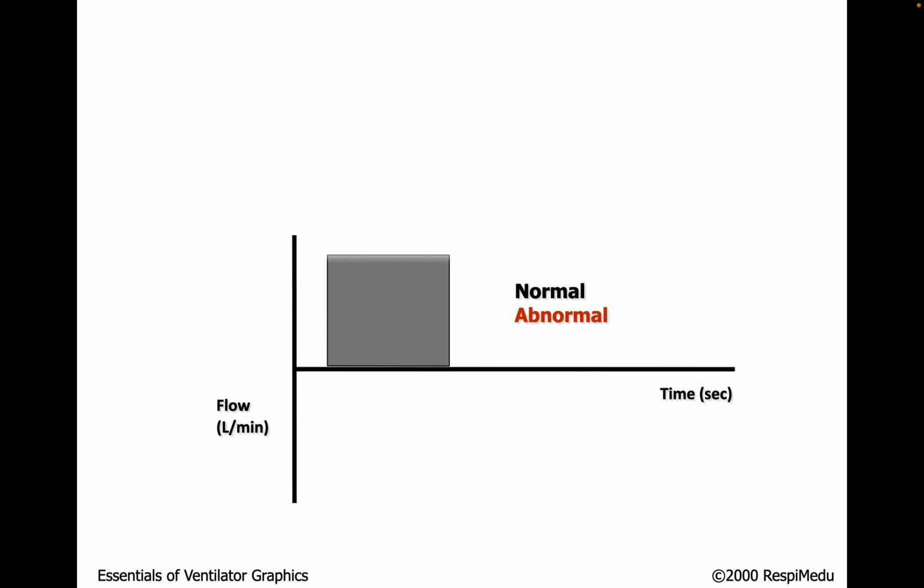So coming to this normal versus abnormal flow pattern, as you could see, the red pattern has a sawtooth appearance, and this is clearly an abnormal pattern, classically seen when the patient is generating more efforts.